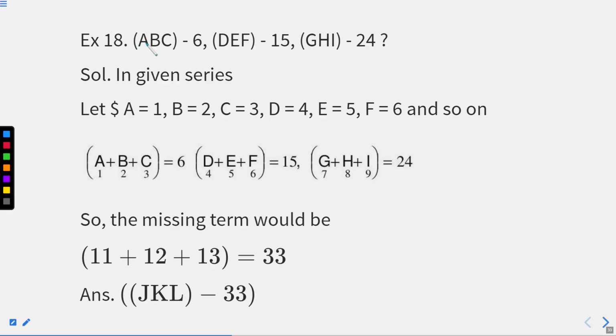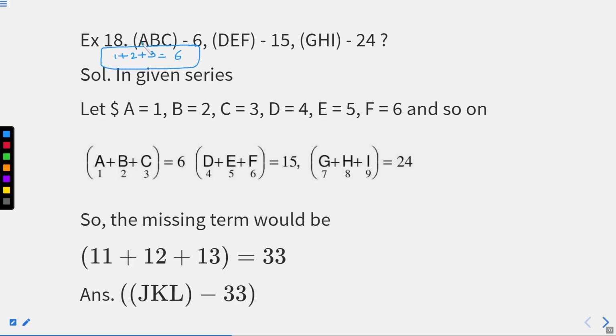We know ABC gives out 6, DEF gives out 15, GHI gives out 24. Now we need to figure out how we are getting these numbers. As I mentioned about the place values, the place value of A is 1, plus the place value of B is 2, the place value of C is 3, the summation getting 6. So we are able to form the relation here.